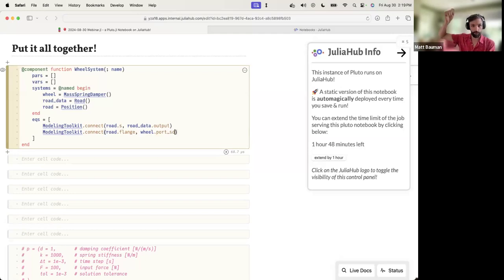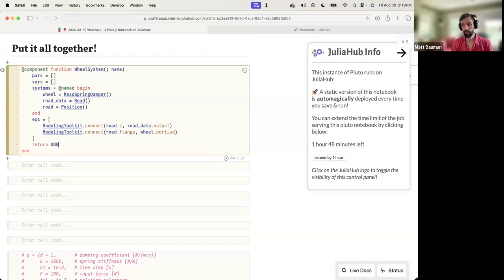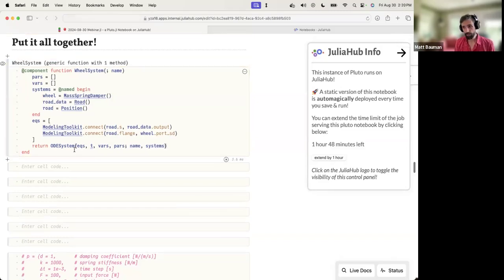And then the mass is going to be wobbling around on top of that. And we return an ODE system of our equations, our time, our vars, our pars, and passing in the name of our system as well as the systems themselves. That gives us our wheel system.